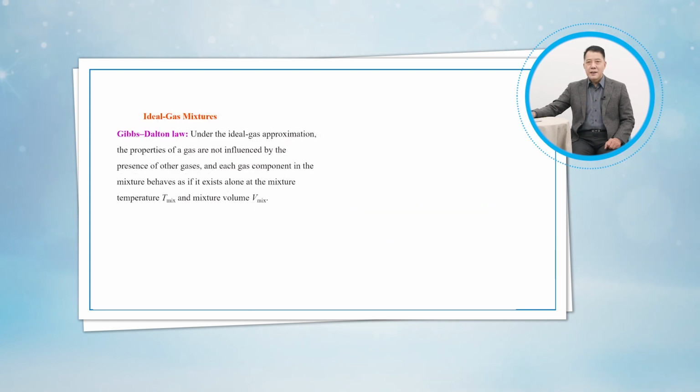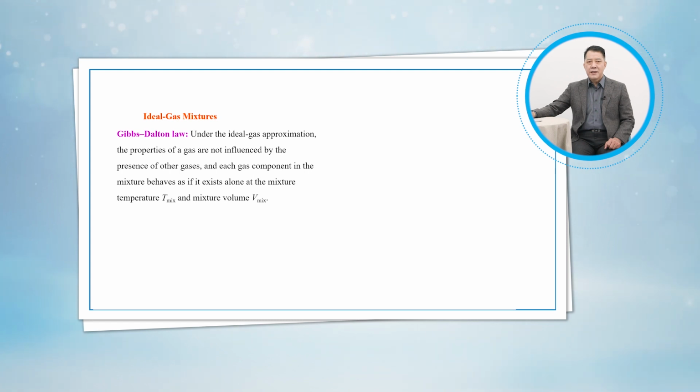The gases that comprise a mixture are often at high temperature and low pressure relative to the critical point values of individual gases. In such cases, the gas mixture and its components can be treated as ideal gases with negligible error.